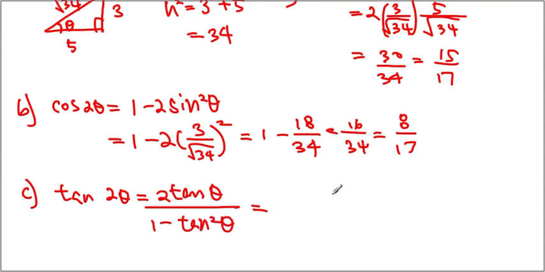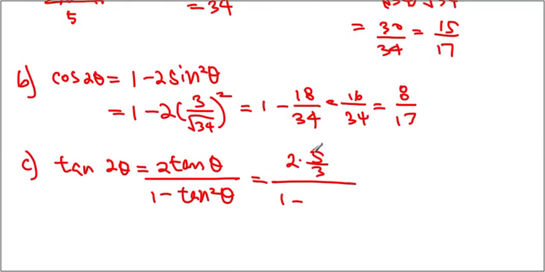Now, since tangent theta was 5 over 3, we end up getting 2 times 5 over 3 over 1 minus, actually it was 3 over 5, sorry. So if I have to rewrite this one, 3 over 5, and then 3 over 5 squared.